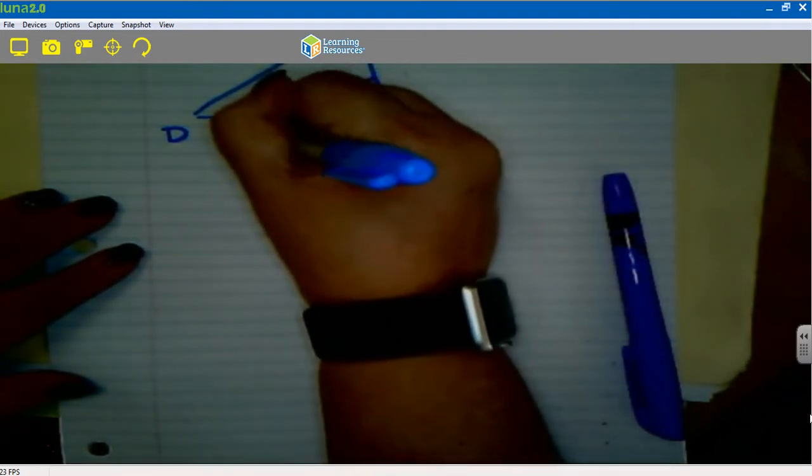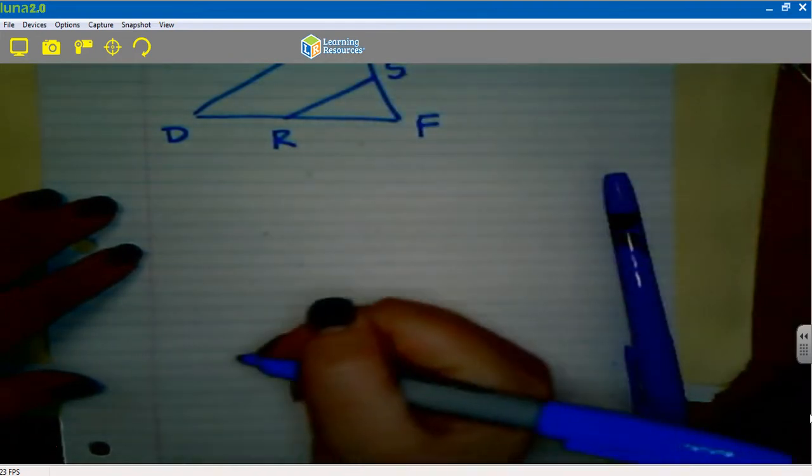So let's take a look at a little bit more of an algebraic approach here. This is 2A. So we have this large triangle DEF, and then we have midsegments of two sides giving us that midsegment of RS.